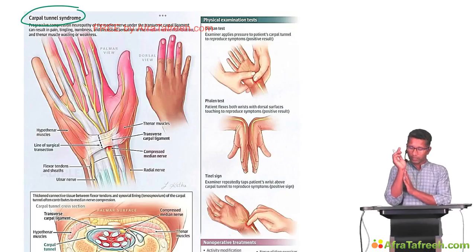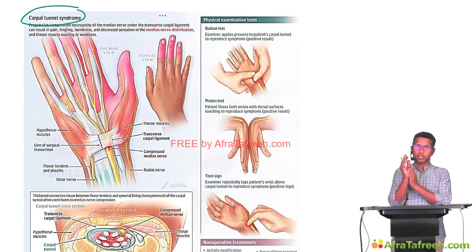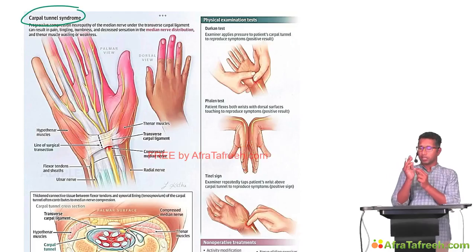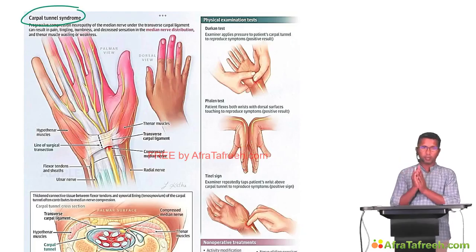When the nerve crosses the carpal tunnel, the muscles supplied by the median nerve will not work. I hope you know the thenar muscles, the lateral 3 and a half fingers receiving sensation, and the lateral 2 lumbricals will become weak.